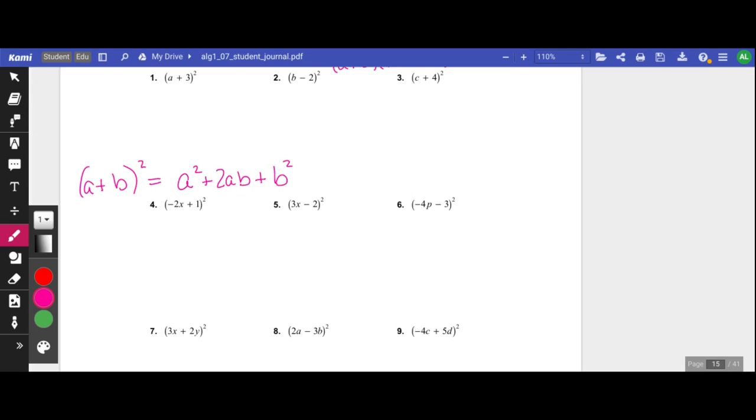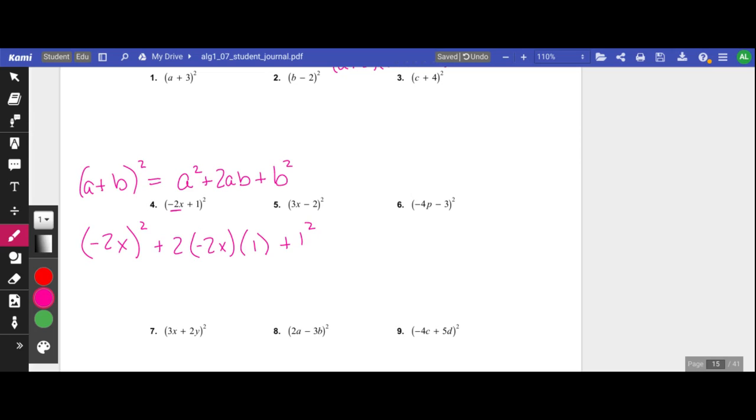All right, so let's think about what our a and b are. I've got my a right here, that negative 2x. So, okay, negative 2x squared plus 2 times a, which is negative 2x, times b, which is 1. And I'm always going to add that b squared, so 1 squared.